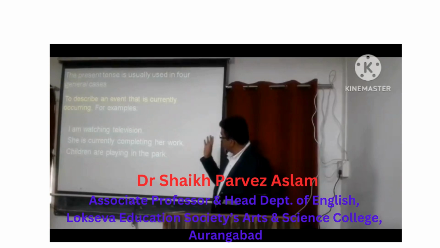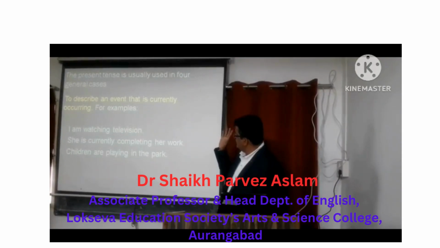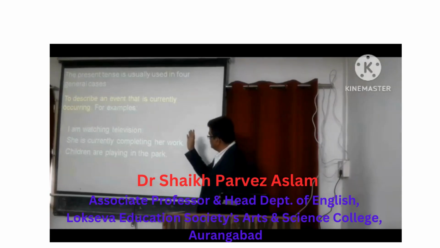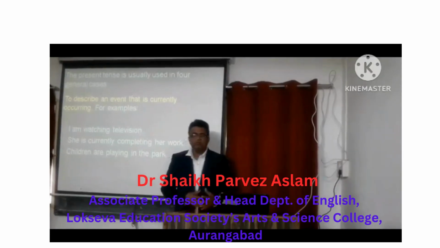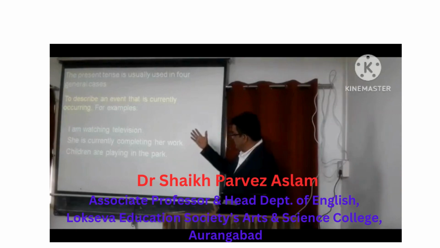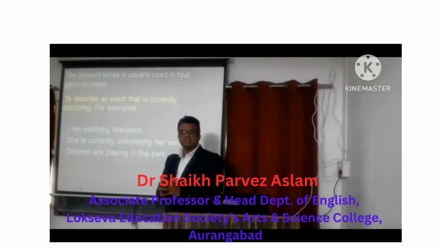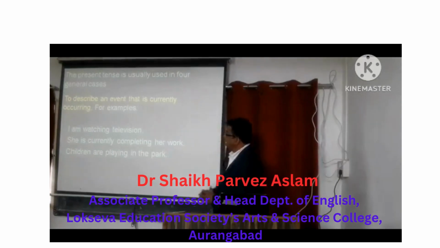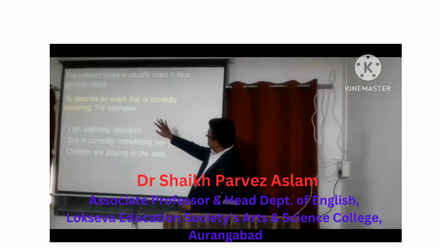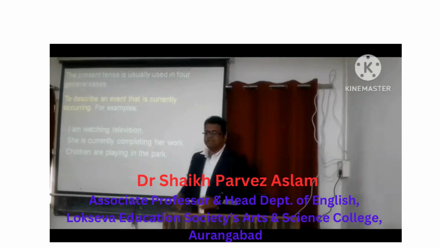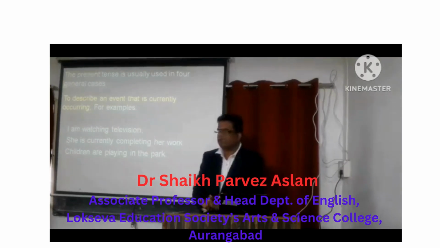The present continuous tense is usually used in more general cases to describe an event that is currently occurring. So here we will discuss in which situations we are using present continuous tense. The first situation mentioned here is something currently occurring, that is happening while you are speaking.